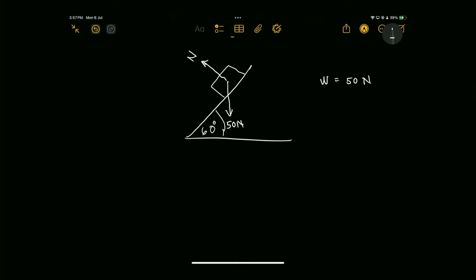Now there is also the force acting in this direction. That force is due to the weight. This is the component of the weight that is acting in a direction that is parallel to the direction of the plane, right? So we could separate this force. We can separate the components of the force like this.